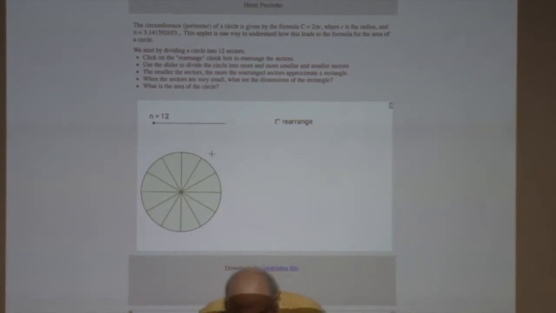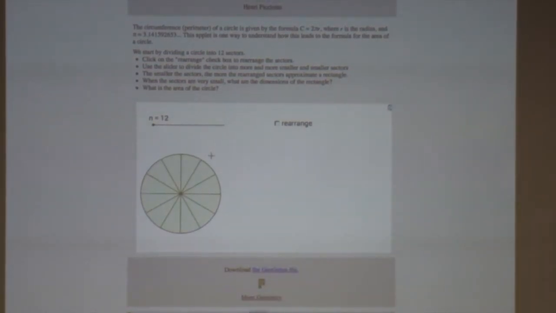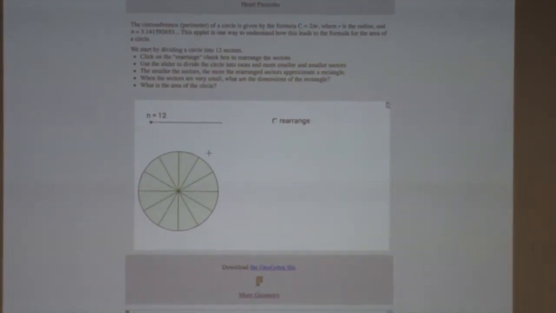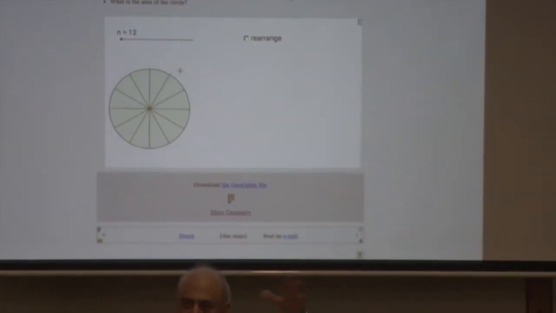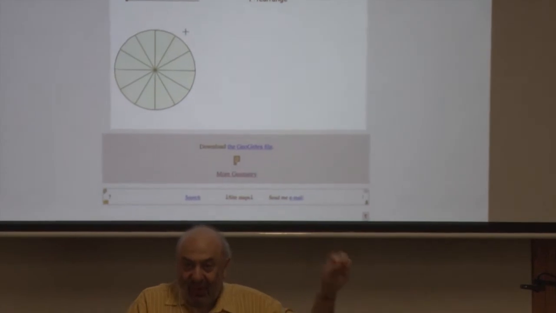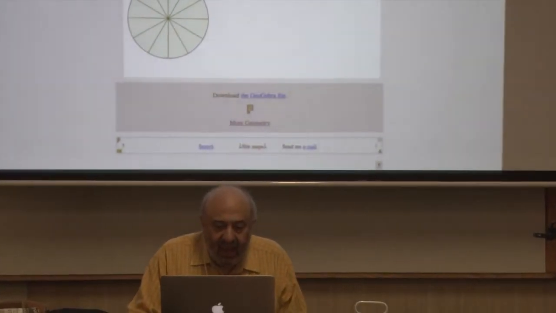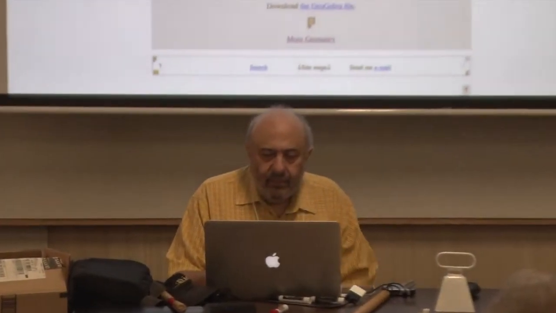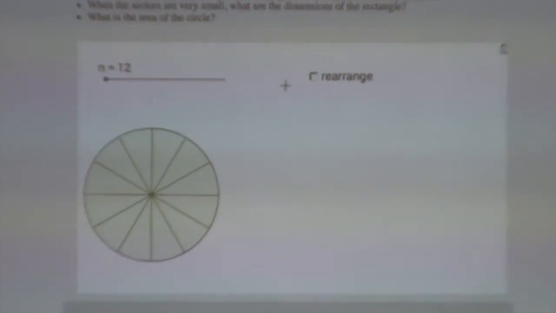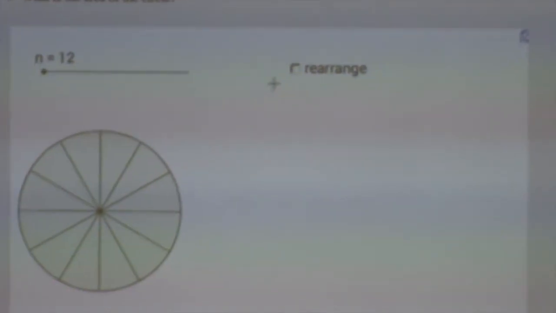So let's say we agree that pi is the number that works for the circumference. Circumference is 2 pi r. But now we're interested in the area. So here's a circle divided into 12 pieces, sectors.